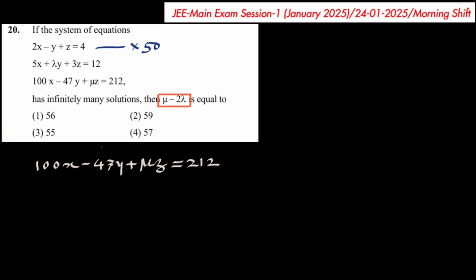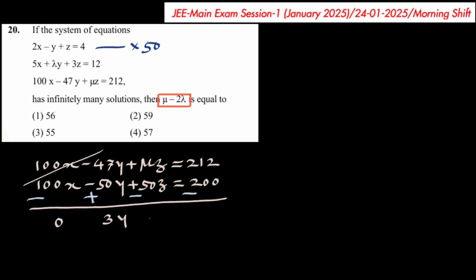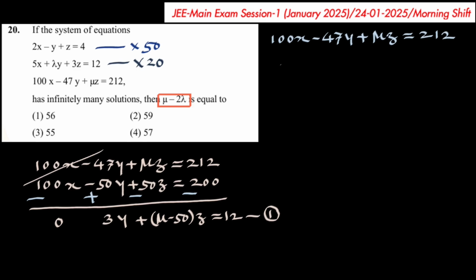So the first equation becomes 100x minus 50y plus 50z equals 200. Subtracting, we get 3y plus (mu minus 50)z equals 12. We will name this 1. Next, we will multiply this second equation by 20 and subtract it from this third equation. So here the second equation becomes 100x plus 20 lambda y plus 60z equals 240.